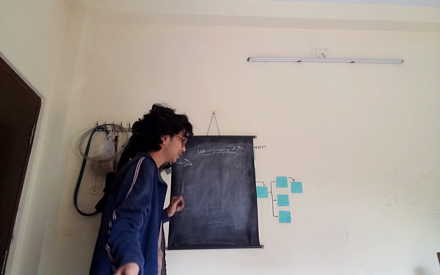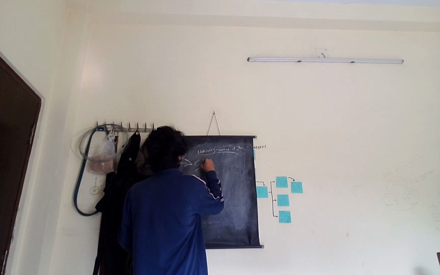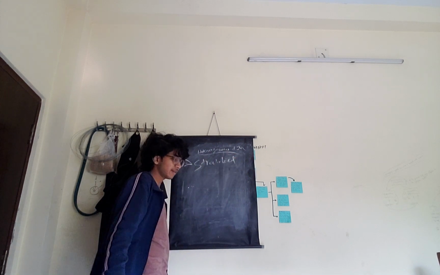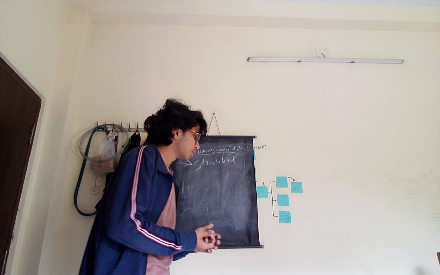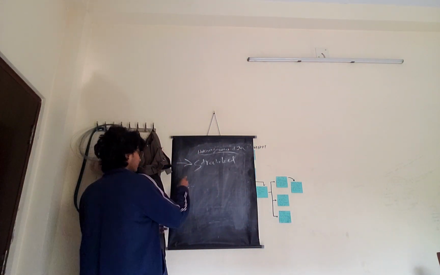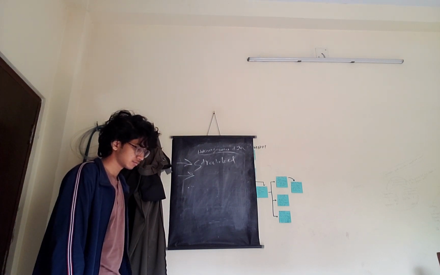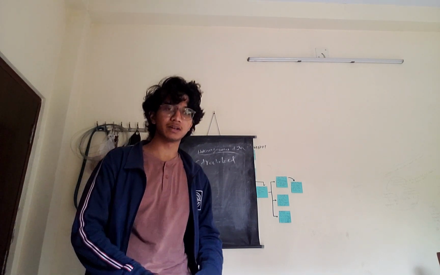ways to calculate it. One is stratified. Then there is, what was the other one?